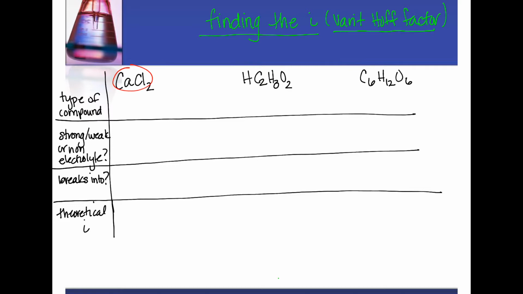So calcium chloride is a metal plus a non-metal. So it is an ionic compound. And this is acetic acid. I can identify it as an acid because it has a hydrogen out front.